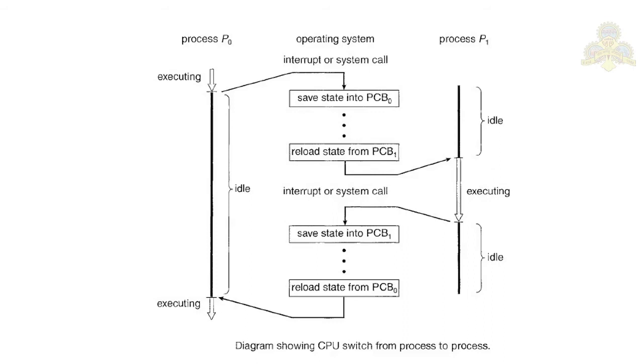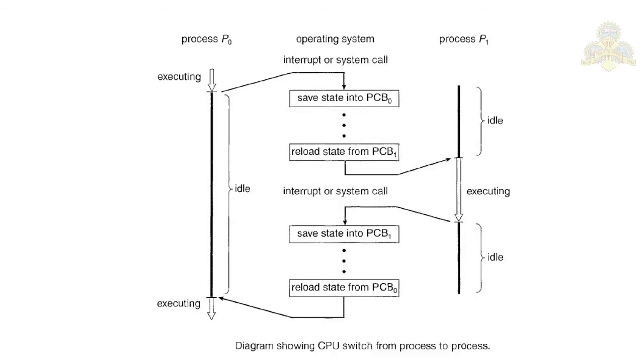The switching of the CPU from one process to another process requires the state save of one process and state reload of another process. Now this we call a context switch.